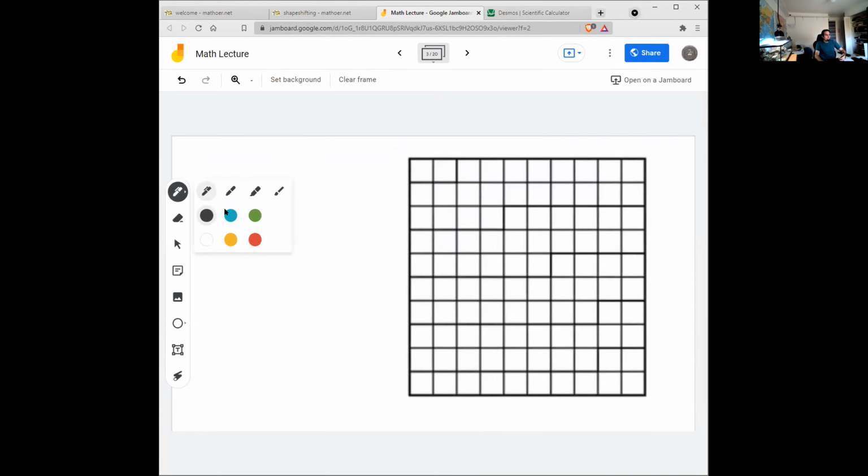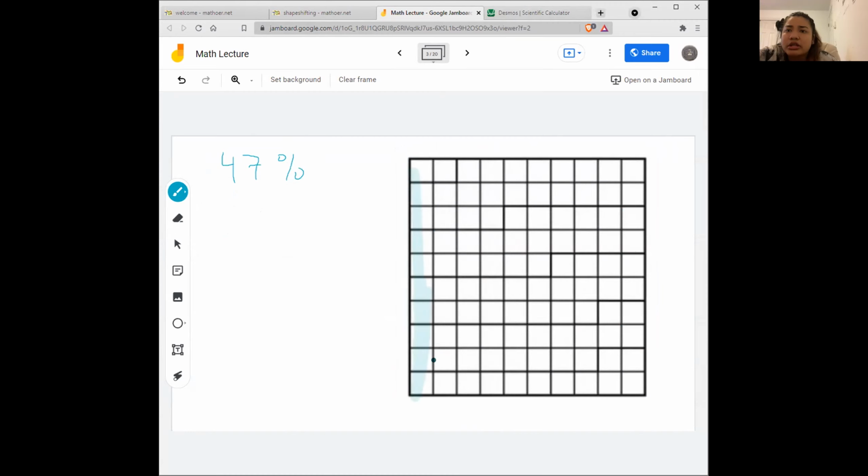So if I wanted to shade 47%, how much would I shade? The whole thing is 100%. 4 rows, like 4 whole rows, and then just 7? Yes. Okay, pardon my art. Everyone okay with what I did? What if I wanted to shade 4.7%?